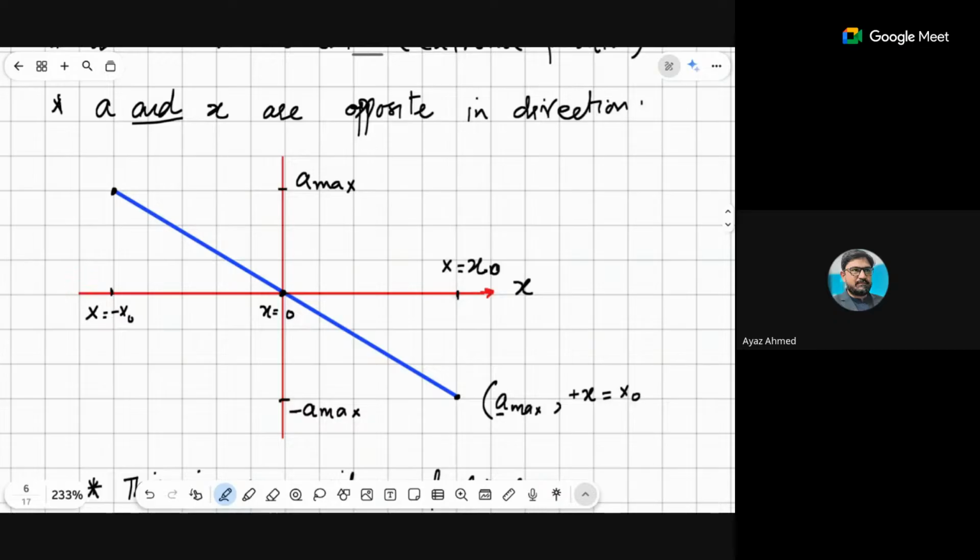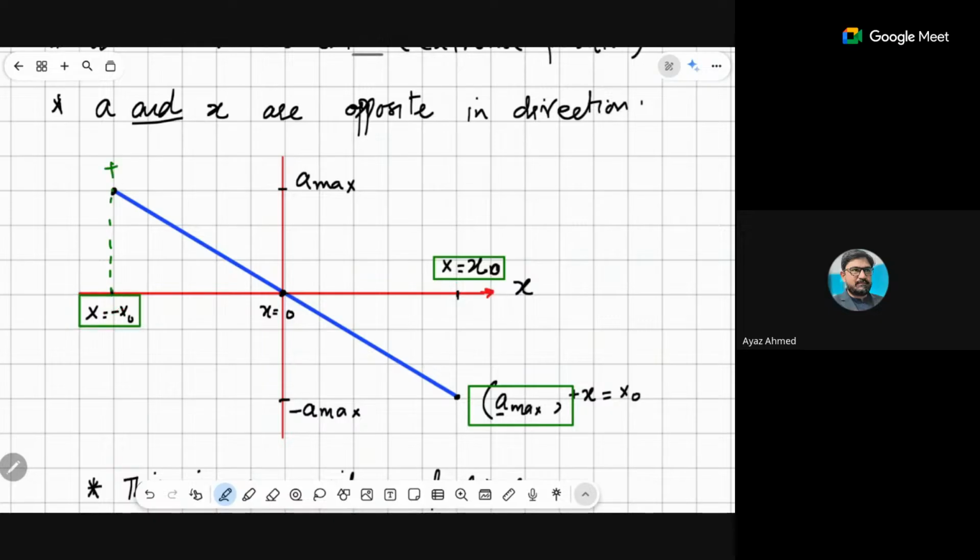If an object is executing this motion, at x is equal to x naught its acceleration is maximum. But there is one condition: when acceleration is negative, displacement is positive. On the other side, at x equal to negative x naught, the acceleration is positive.